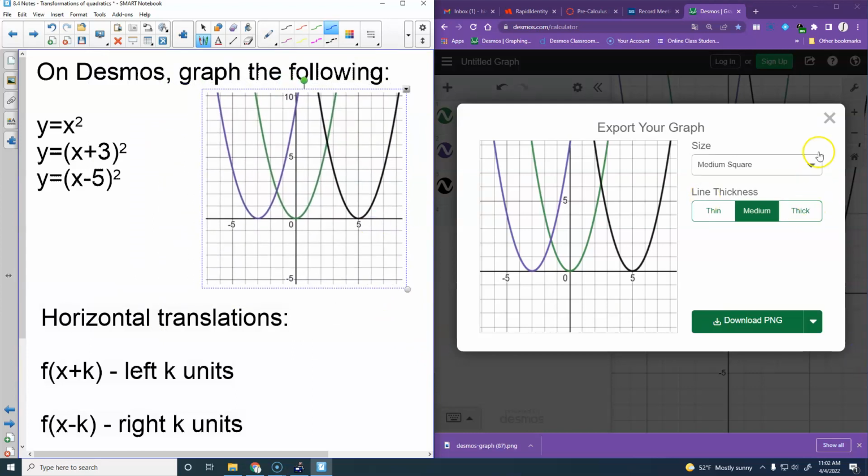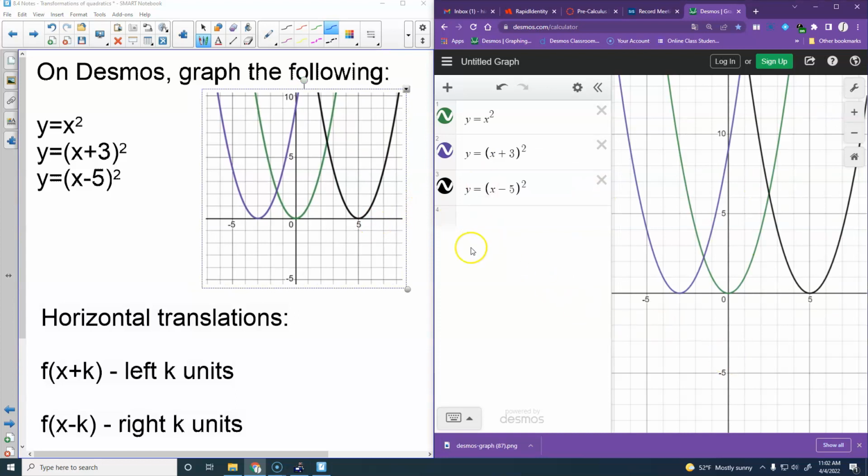Okay, so whenever you do this, you should get 3 quadratics here.